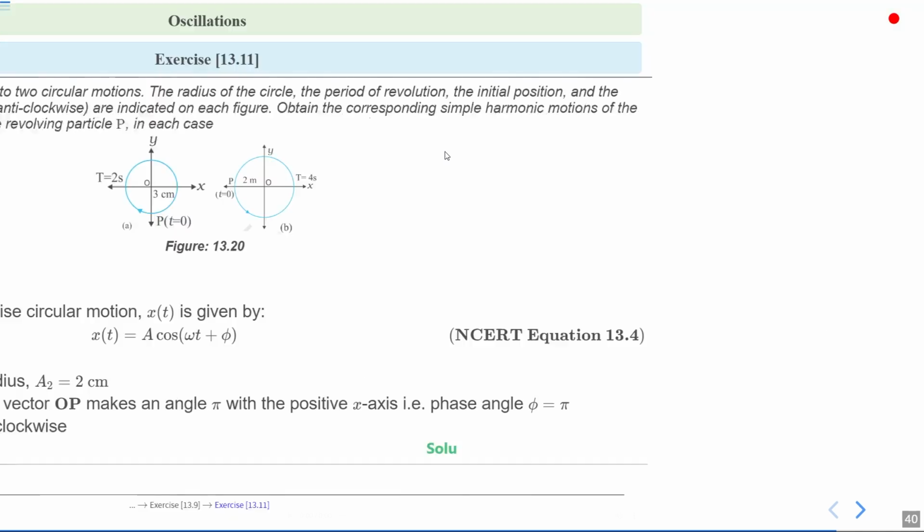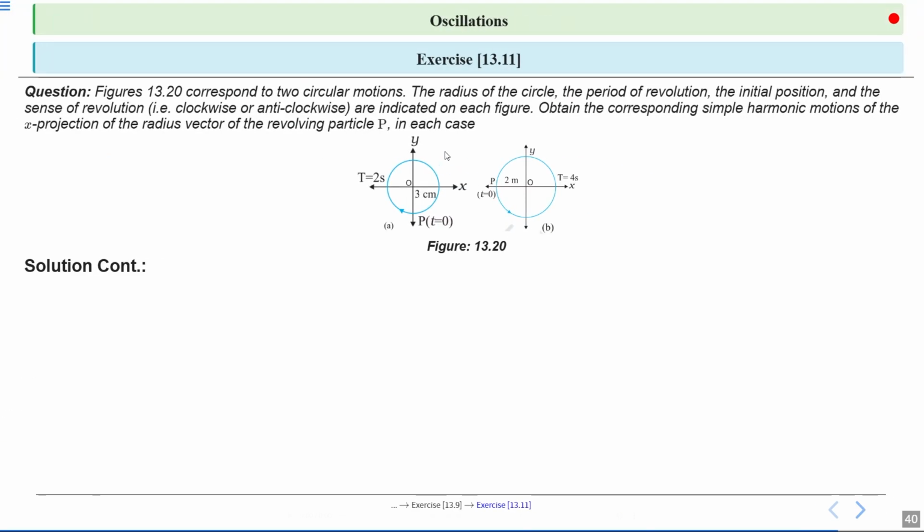Now, to start, let's recall the general equation, that is x of t is equal to a cos omega t plus phi.